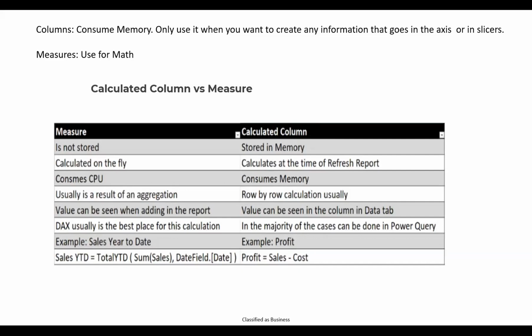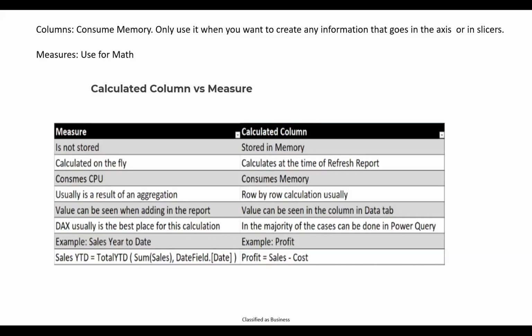At report refresh runtime, it has to be calculated on a row by row basis, and the output will get generated. As per the memory part, your measure is going to consume CPU memory. And coming to the calculated column, it will get stored at the data level. So it is going to consume your memory, data level memory.